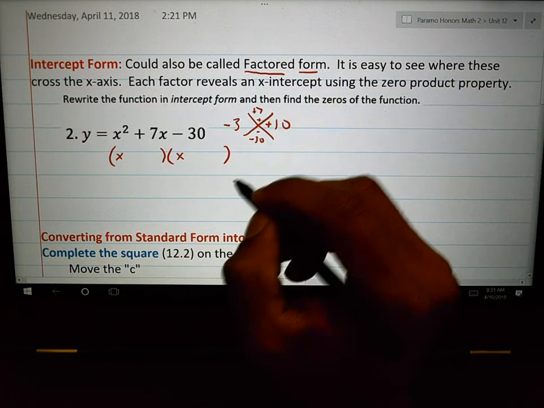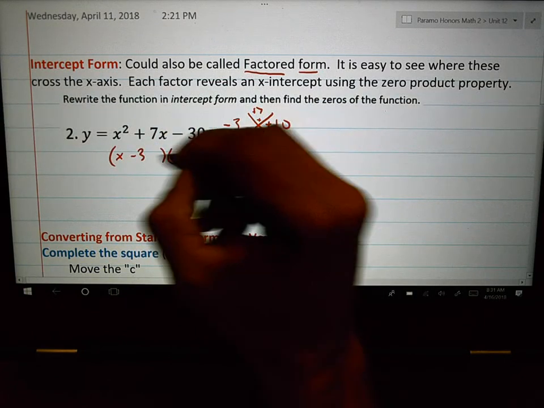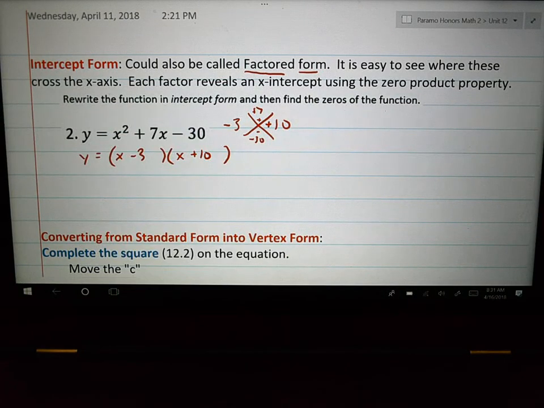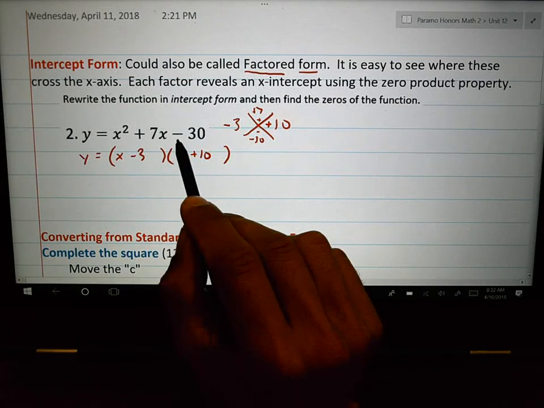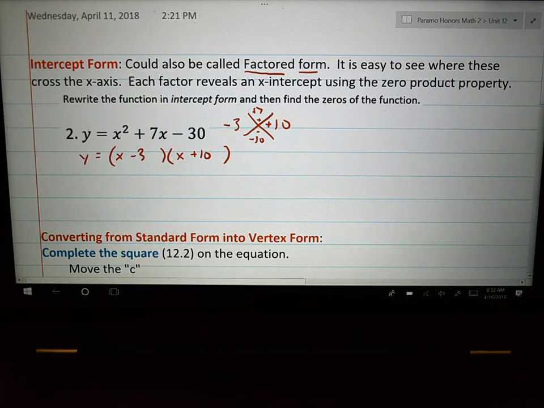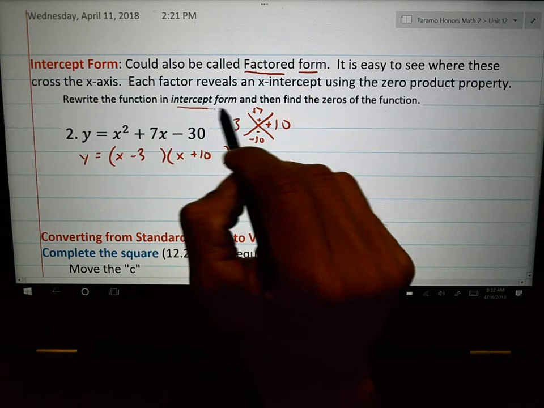So what I would do here is factor it to x minus 3 times x plus 10. That multiplies to be the original, and I can check by FOILing.